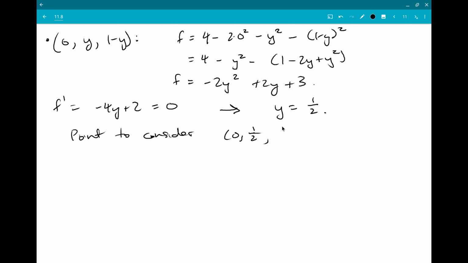1/2. 1 minus 1/2 is just 1/2. And at that point, f is equal to minus 2 times 1/2 squared plus 2 times 1/2 plus 3. Just plugging in that I solved y is equal to 1/2 to this value of f. And that's going to be 0, 1/2, 1/2, 3 1/2.